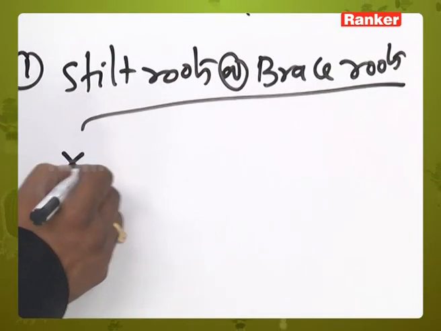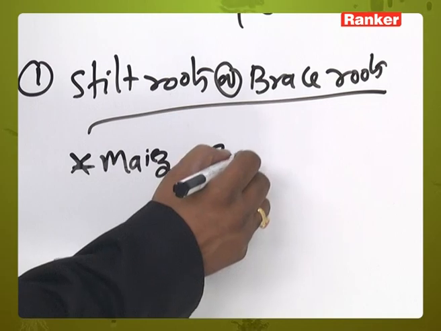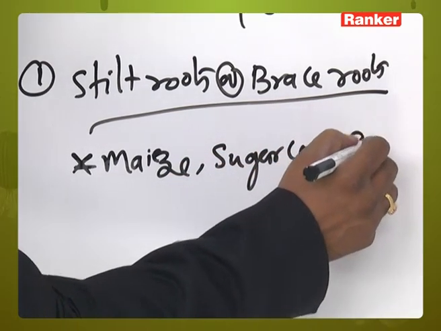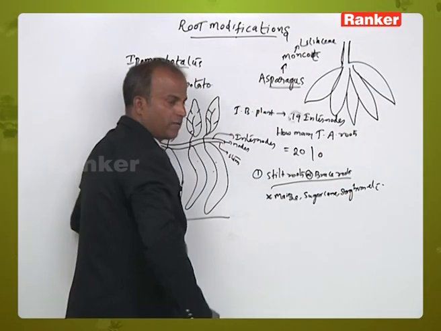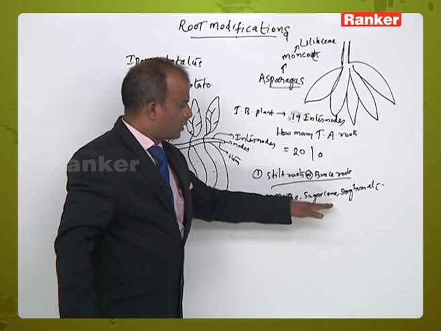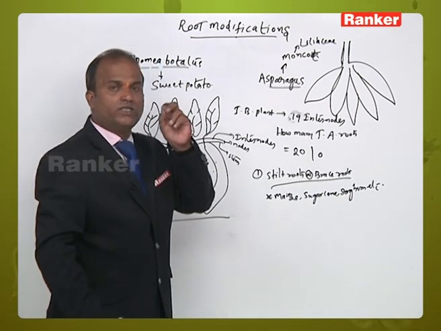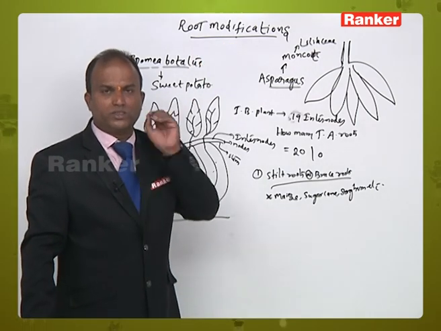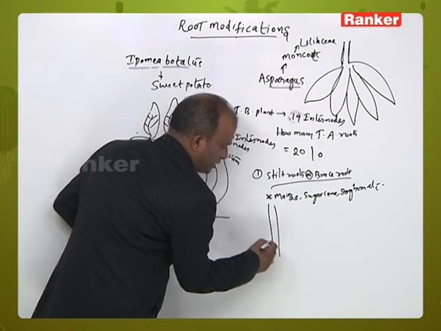They are present in maize, sugarcane, sorghum, etc. In maize, sugarcane and sorghum there are stilt or brace roots. Where do they develop, from the apical portion of the node or from the basal nodes? See here, this is sugarcane.